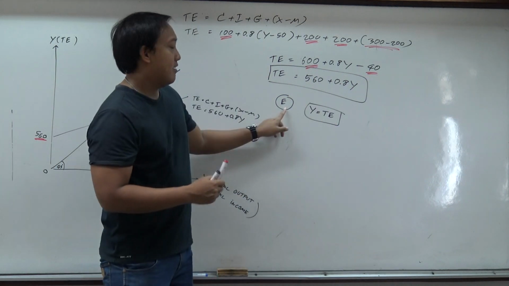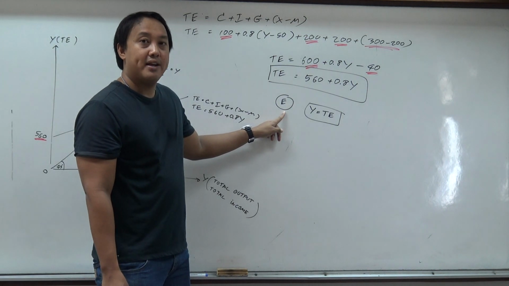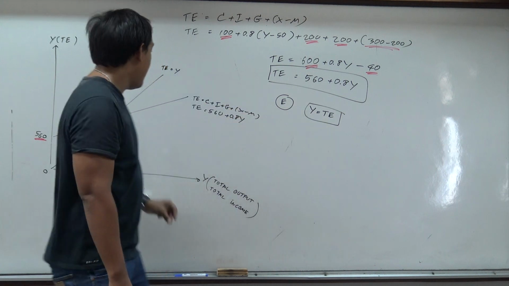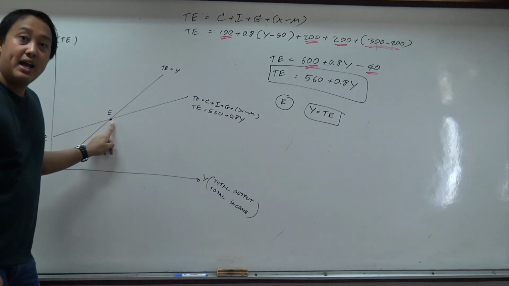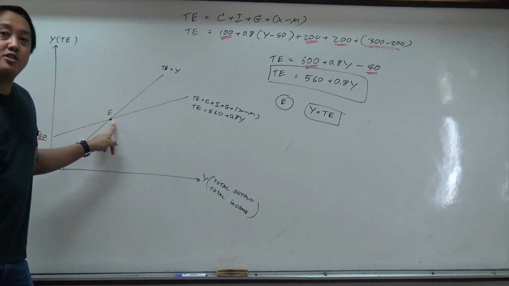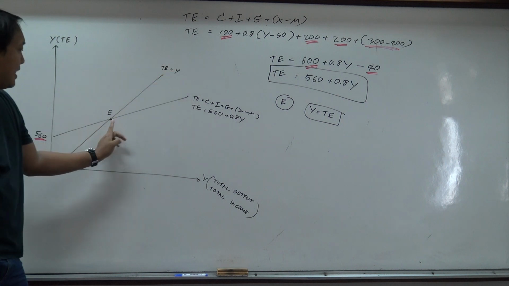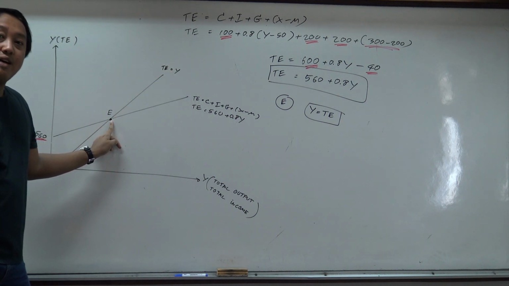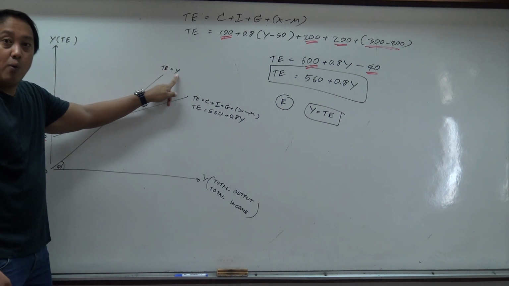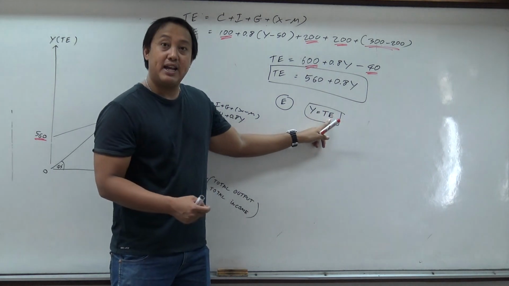If it intersects with the 45-degree curve, it means at this point TE equal to Y, or Y equal to TE.